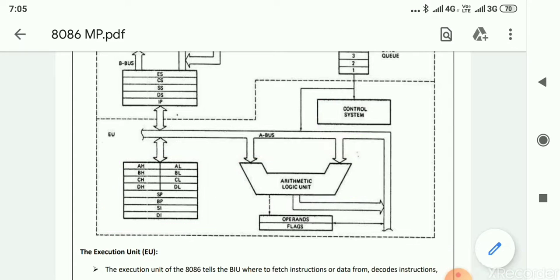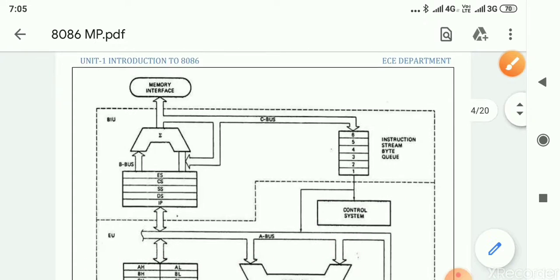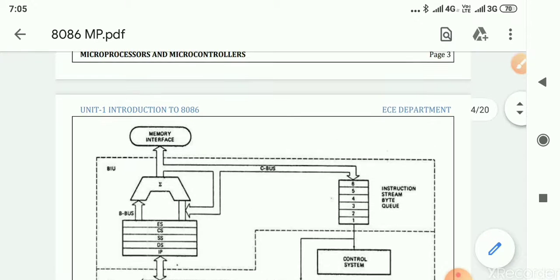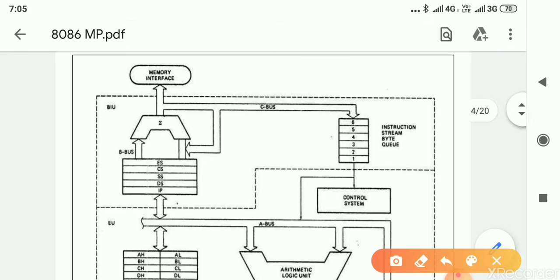Okay, and in the bus interface unit, you will see this part is basically the queue, which works on the principle of first in first out. Meaning at a time you can place 6 instructions in the queue. This is the concept basically used in pipelining, meaning placing the instructions in the queue.